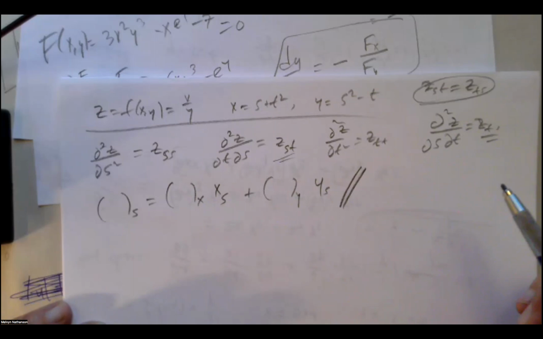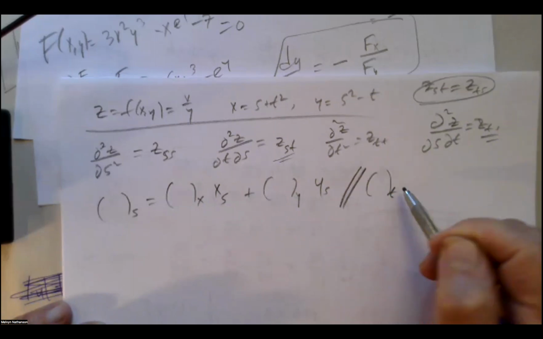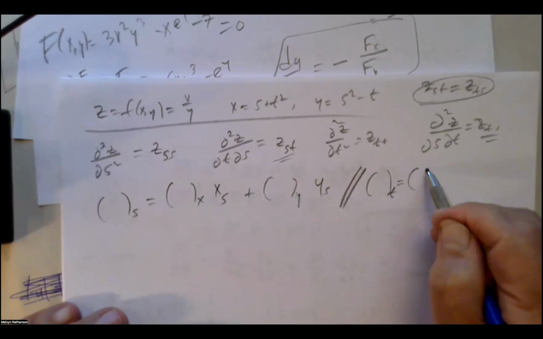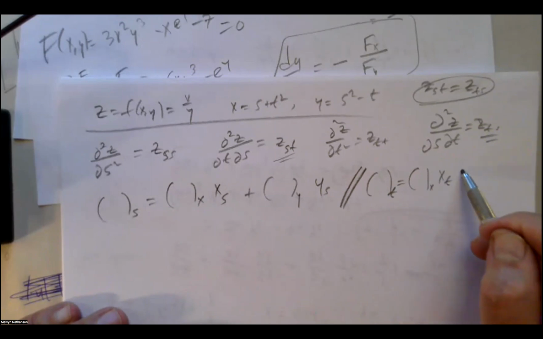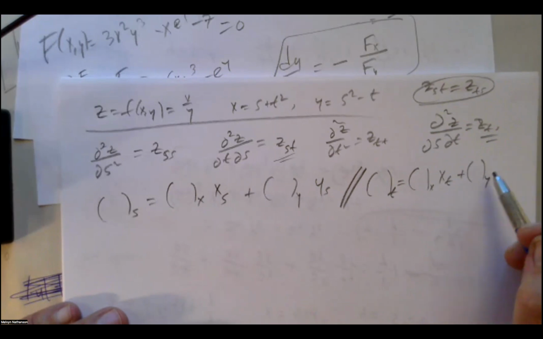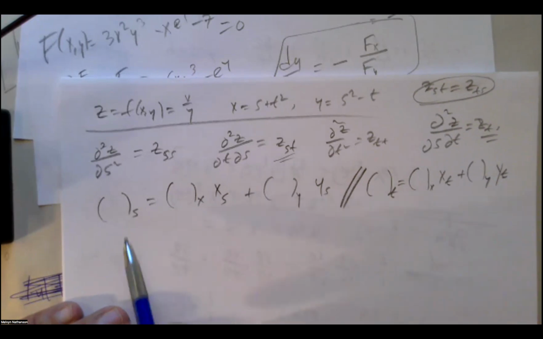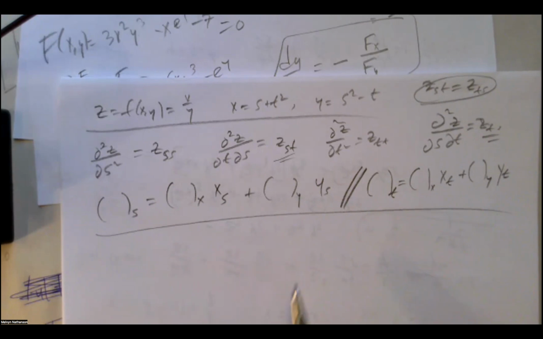And a similar formula holds for differentiating something with respect to t. That is that differentiated with respect to x times the partial of x with respect to t, plus that same thing differentiated with respect to y times the partial of y with respect to t. And these are the two formulae for the derivative of a function of two variables, where each variable is a function of two other variables.